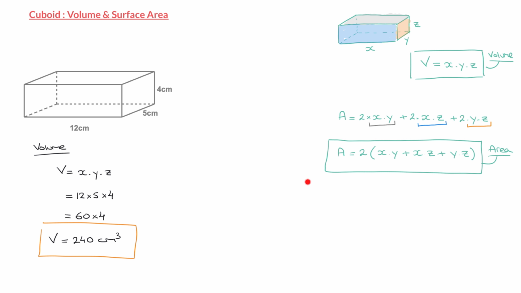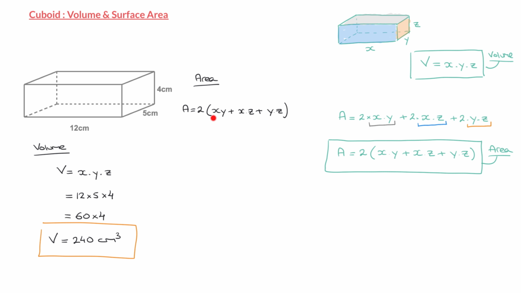Okay, now that we have our formula, let's go ahead and calculate the surface area of the cuboid we have here. So again, I'll write a little title here, area. And let's see, I'll quickly copy the formula we just wrote. So that's area equals 2 times, in parentheses, xy, or x times y, plus x times z, plus y times z.